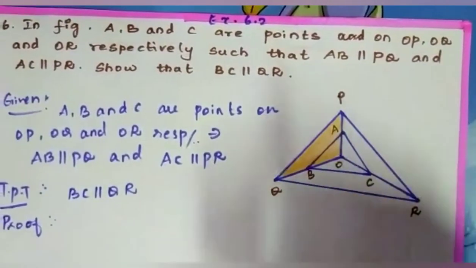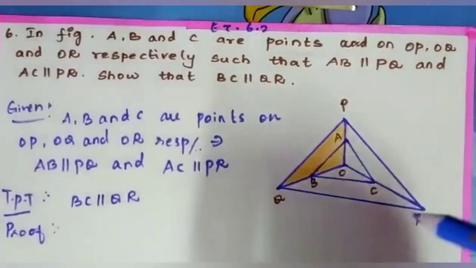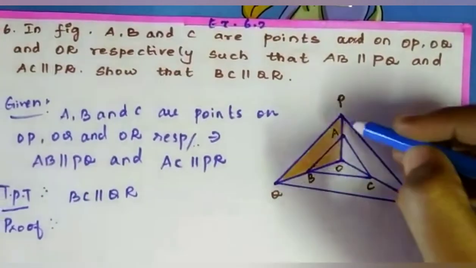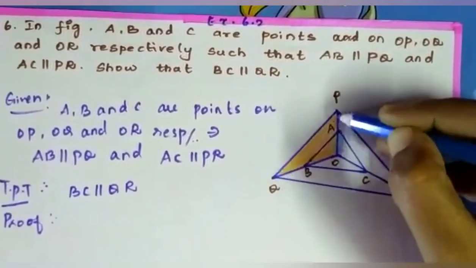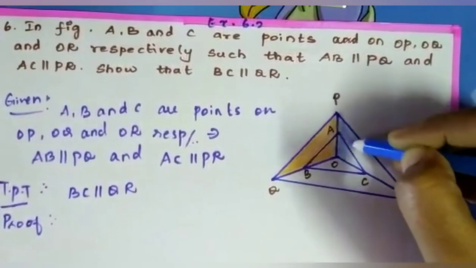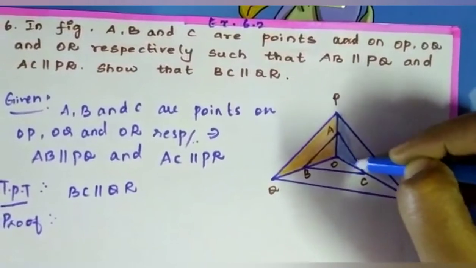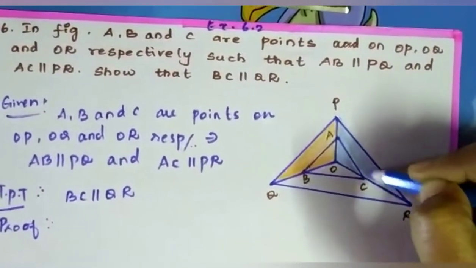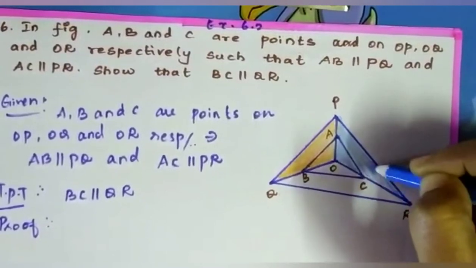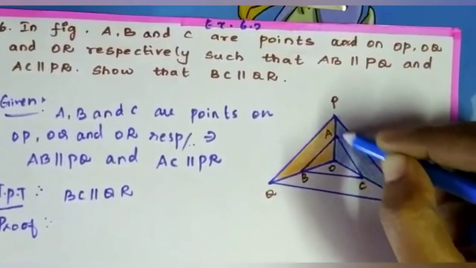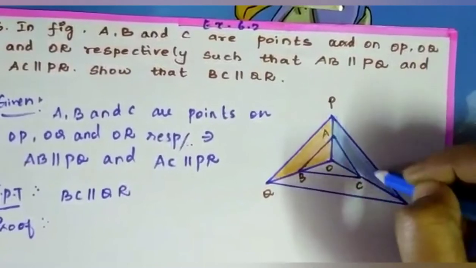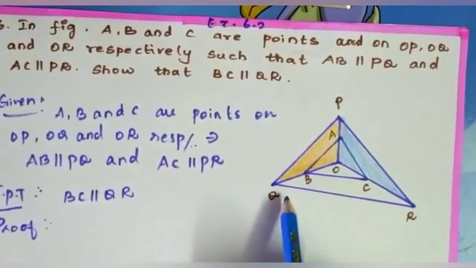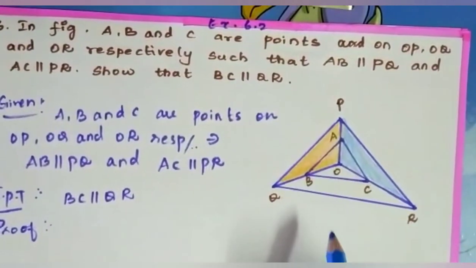And next thing is AC parallel to PR. So you have to take this triangle, POR.